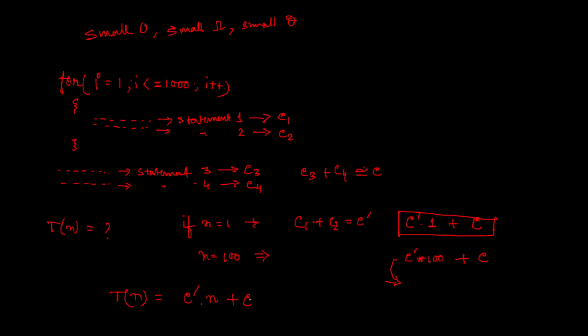Now when n is very large, for example n is 10 to the power 10, at that time this T of n will be 10 to the power 10 multiplied by C dash plus C, right? Obviously, in a real situation this C is very small, right? C is very small.